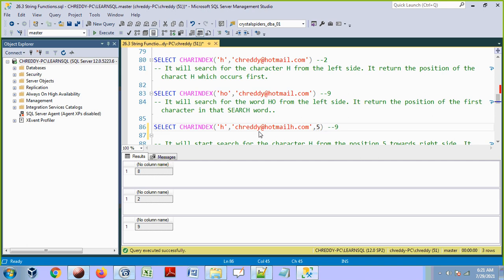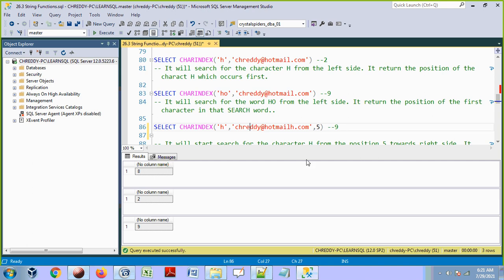So from the fifth position onwards, from left to right, guys, always left to right, 1, 2, 3, 4, 5, from this position onwards it starts looking for the character H. You can leave the first 4 characters, whatever they are, just ignore them, and start searching for the character H from the fifth position onwards. That is the meaning of the third parameter 5.